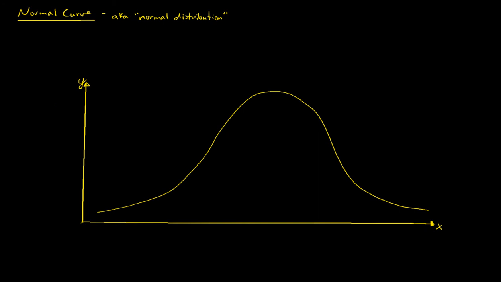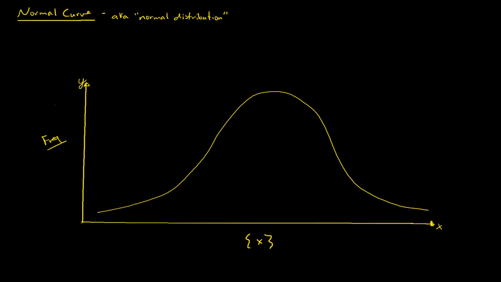On the y-axis is just going to be frequency, just like the rest of our frequency distributions. The normal curve is simply a normal distribution looking at frequency of some variable x down here.